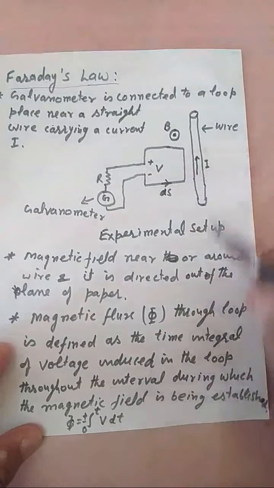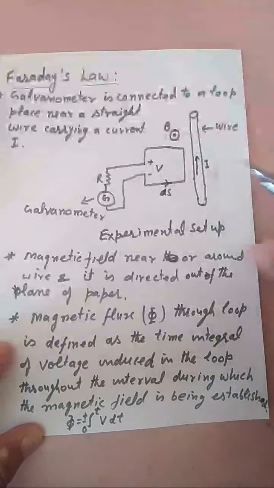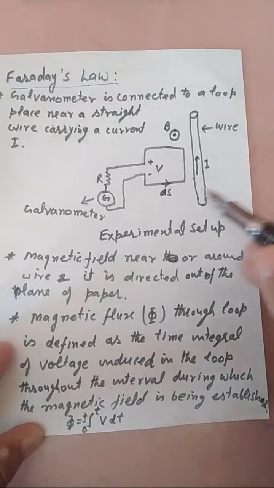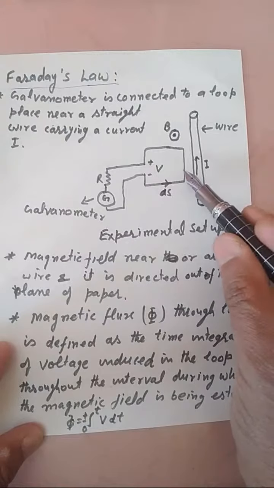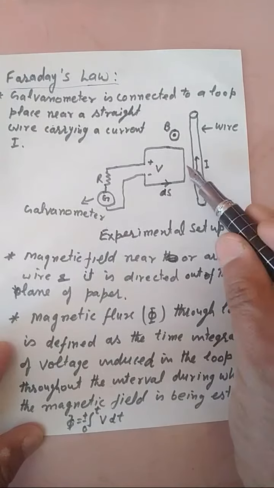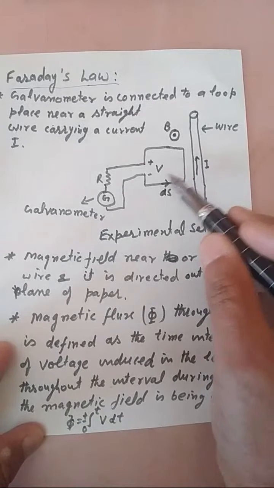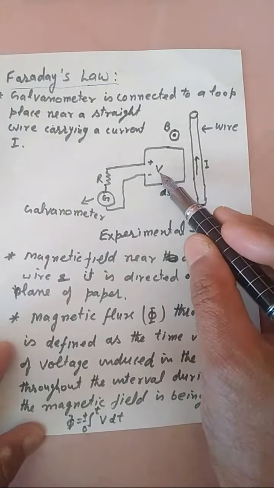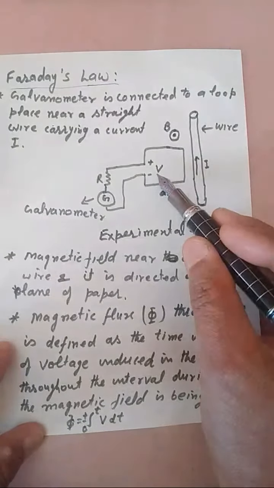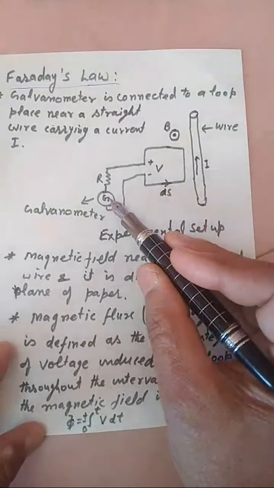Or we can say that in this interval 0 to t the magnetic field goes from 0 to its final value. Because if we change the current, there is a change in the magnetic field, and due to the change in the magnetic field, there is a change in the magnetic flux linked with this coil, and that will give rise to an induced EMF or voltage across this loop, which can be detected through this galvanometer.